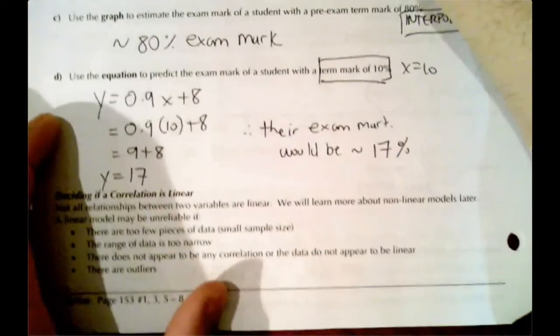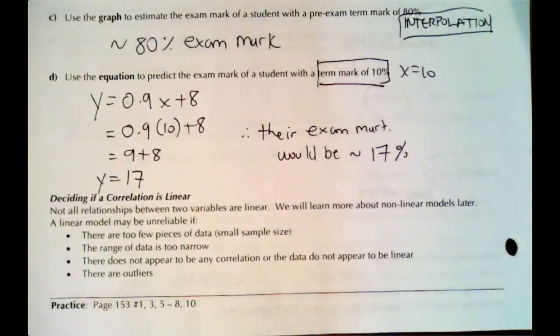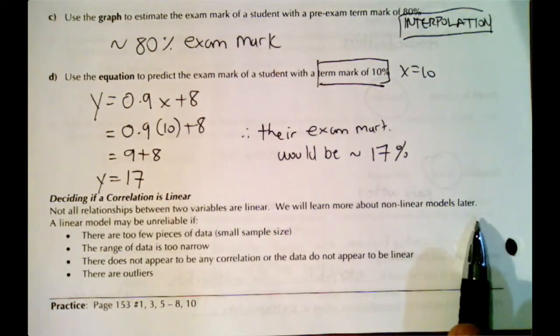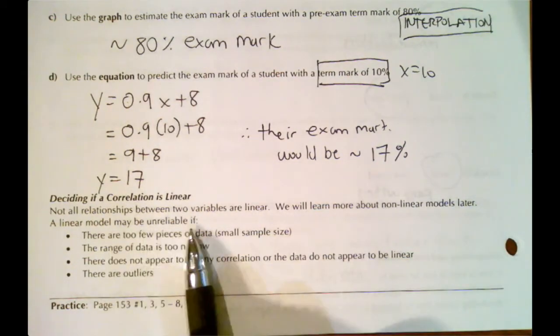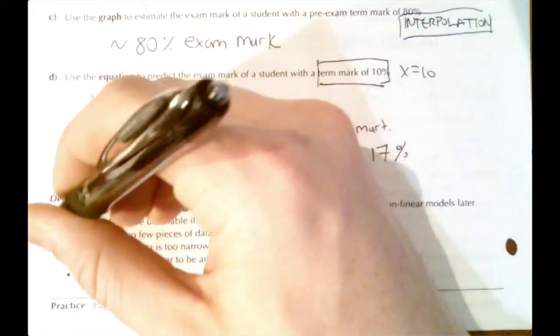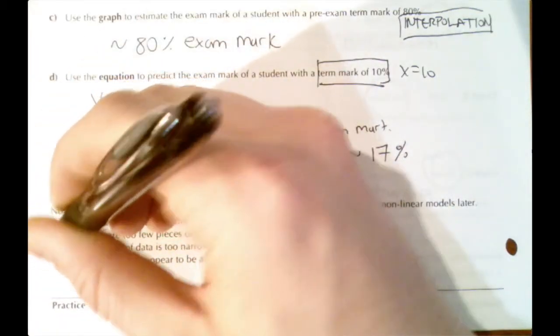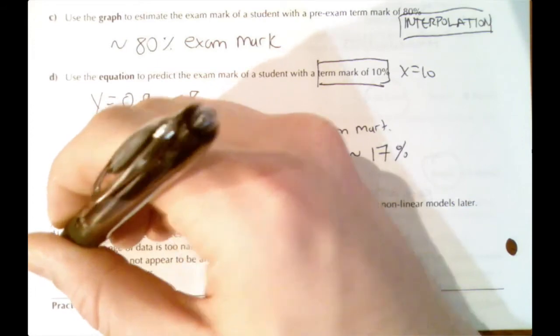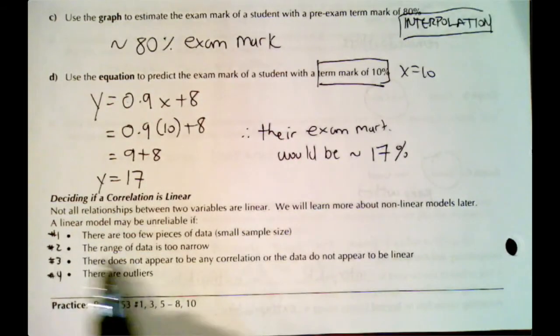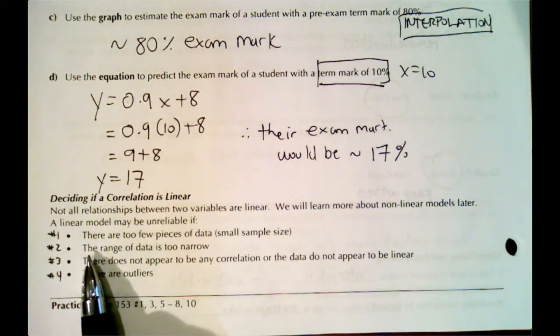At the end here it says, deciding if a correlation is linear. So not all relationships are going to be linear, and we're going to learn about some nonlinear models in the next unit. A linear model might not be good if there's not enough pieces of data. That's reason 1. Reason 2, reason 3, reason 4. These reasons might come in handy when you're doing your analysis of your data project at the end of this unit. So let's hang on to this part. This is pretty important.